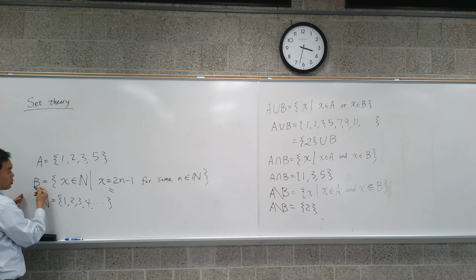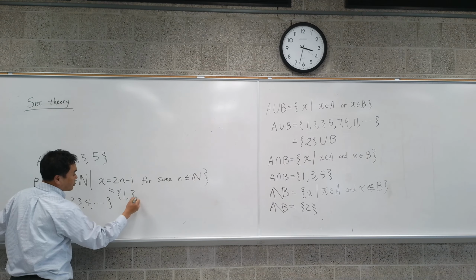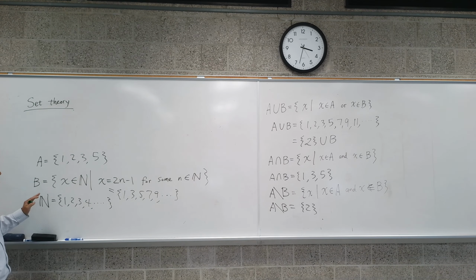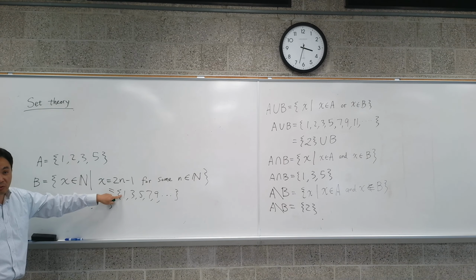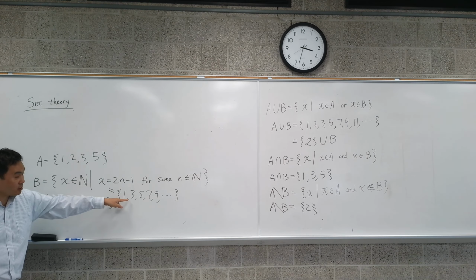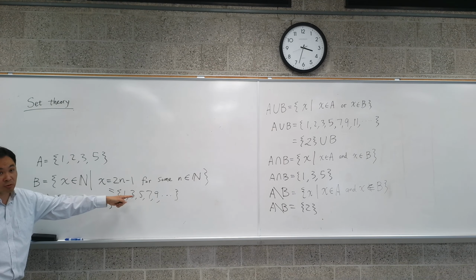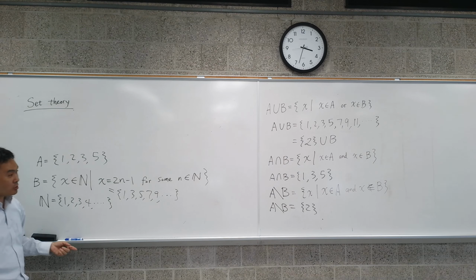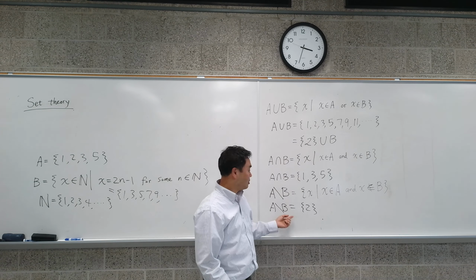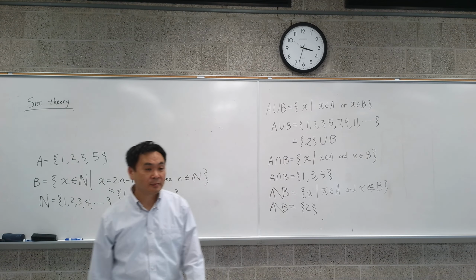If you write down what B is, like 1, 3, 5, 7, 9, all that, then 1 is in A, but 1 is also in B, so that shouldn't be included in A minus B. 2 is in A but 2 is not in B, so 2 survives. 3 is in both, so that should be deleted. 5 should also be deleted. So the only thing that remains is 2. Okay, right?